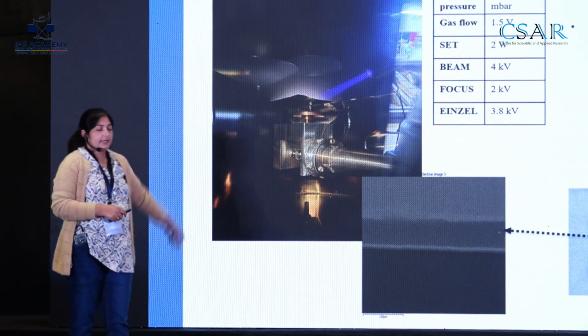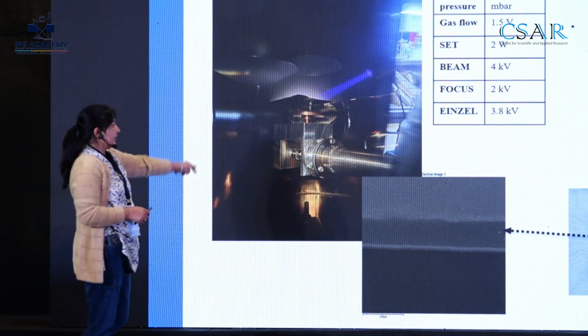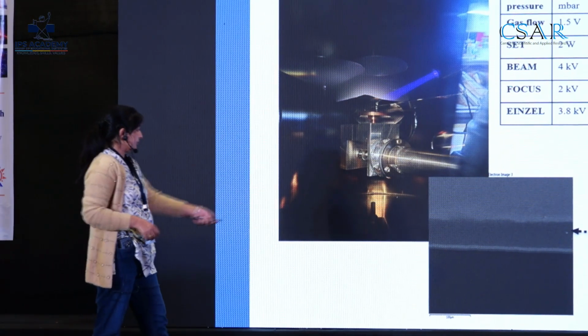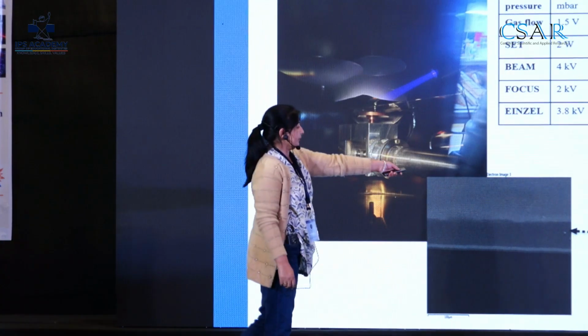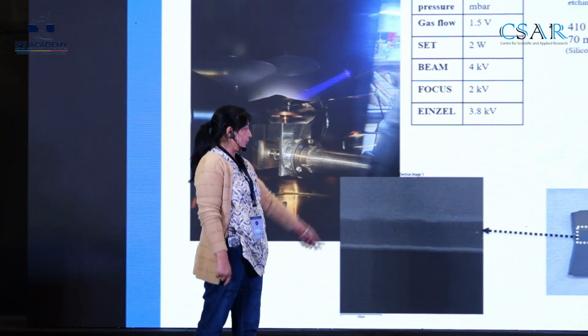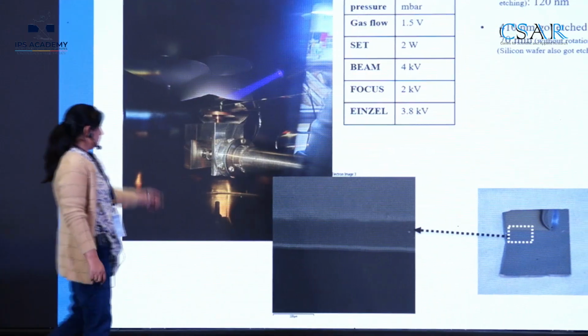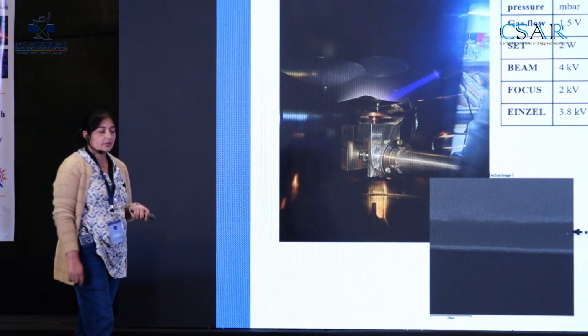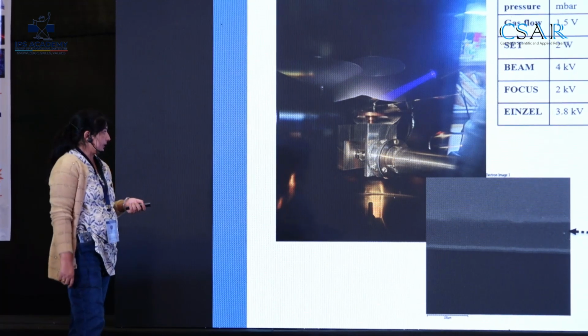This source is currently being utilized in the ion milling process. Ion milling is a kind of etching process. Here I have put a photograph of a silicon wafer which had an earlier deposition of niobium and is being processed using this ECR ion source. But we now want to utilize this source for coating applications.